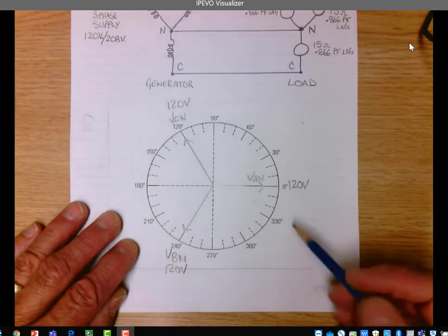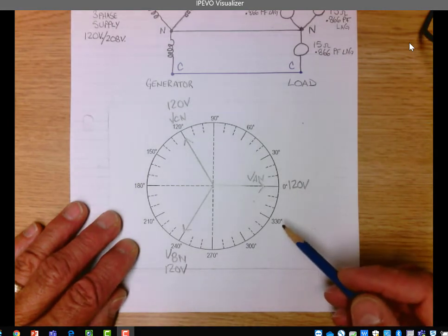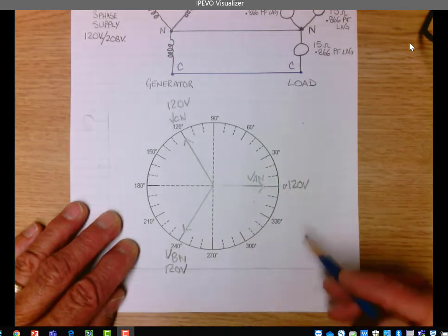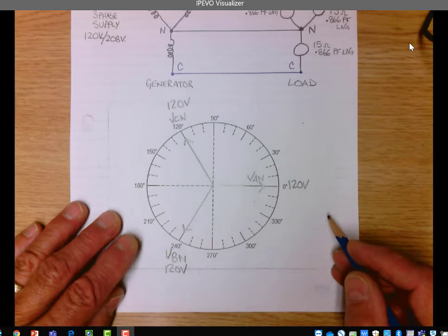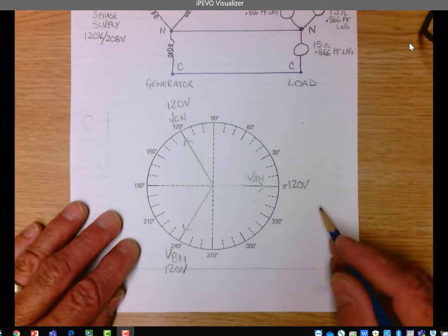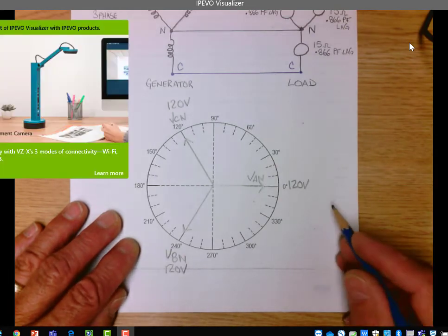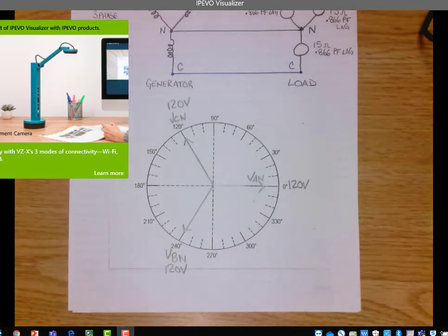Another thing to remember is that there's a specific phase sequence for these voltages.